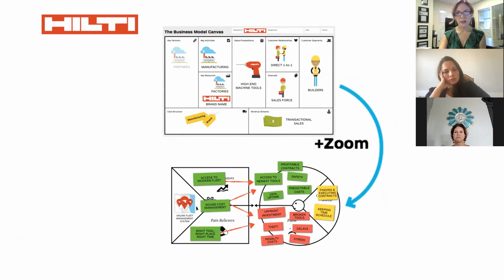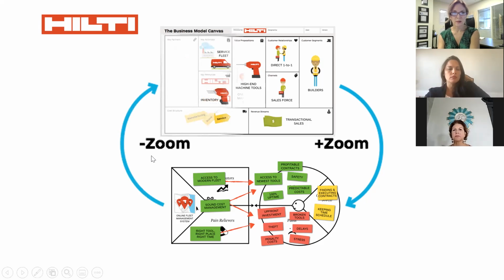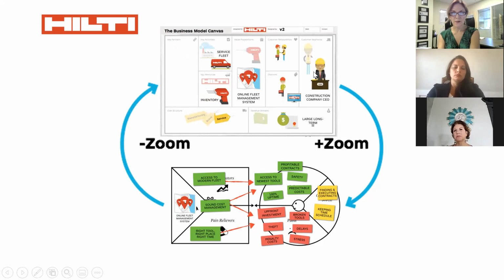And this is what they did. Remember the first business model, it was just the machines for the builders. Then they interviewed their customers. Then they changed.